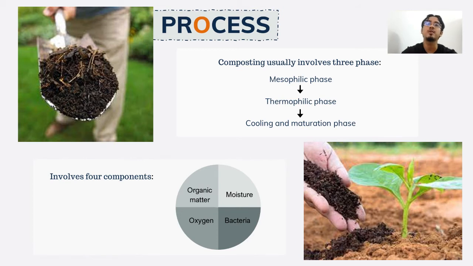Usually, the compost process involves four main components: organic matter, moisture, oxygen, and bacteria or microorganisms. Organic matter should include brown organic matter such as dead leaves, twigs, manure, and green organic materials such as lawn clippings, fruit rinds, and many more.